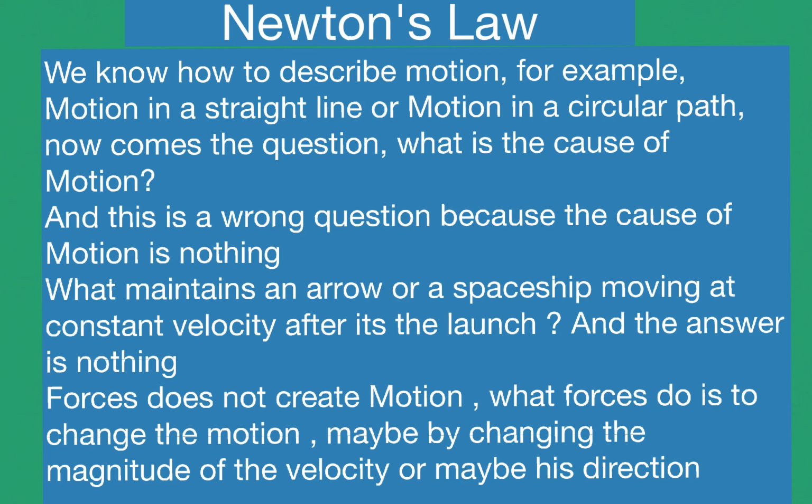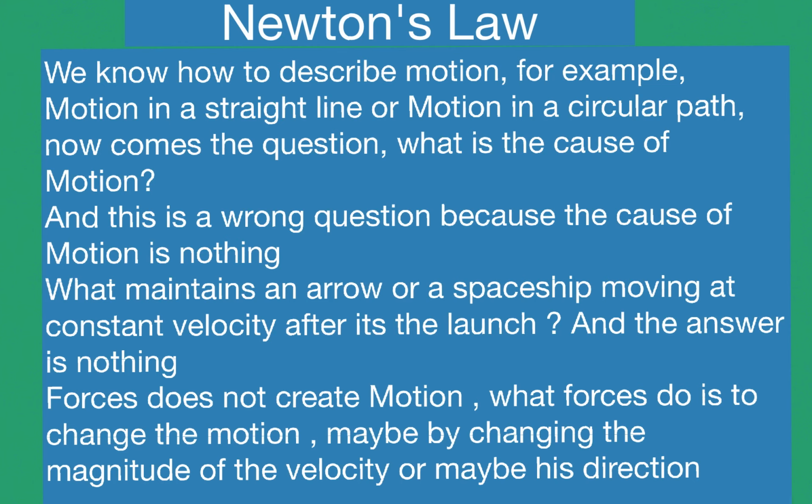So the wrong question is to ask, for example, if you see a spaceship moving at constant velocity, what makes the spaceship move with constant velocity? Or if you see an arrow that was launched moving at constant velocity, what makes the arrow move with constant velocity?